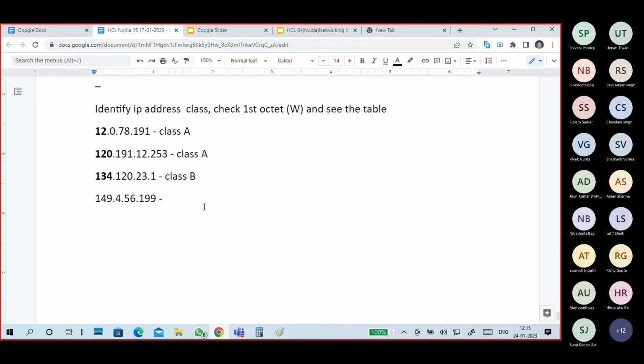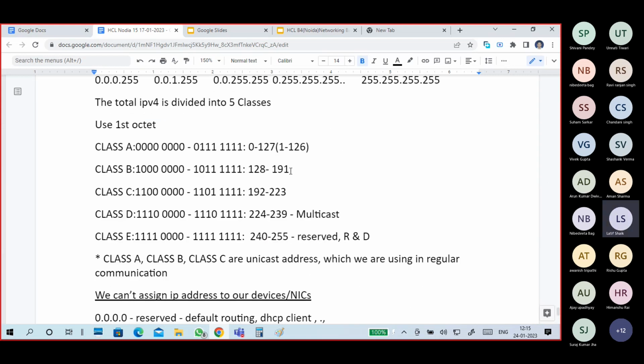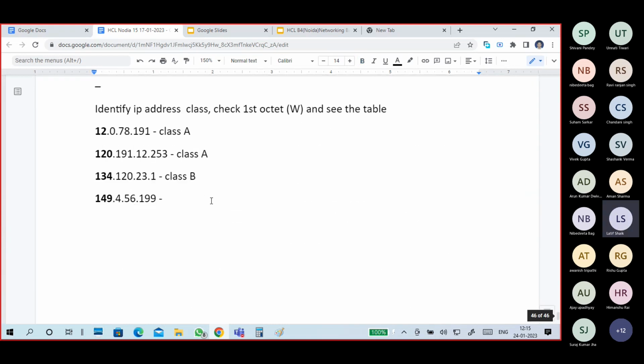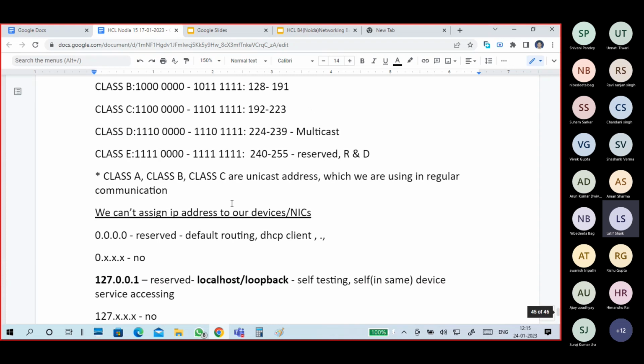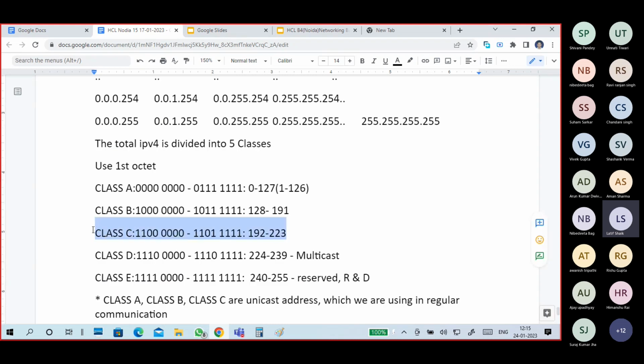Now it is class B, sir. Check the first octet, 149. Where is 149? Still it is class B only. Class C. Very good. It is 201. 201 is in class C.